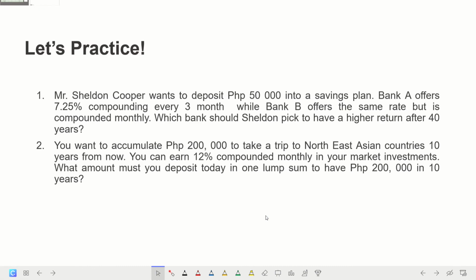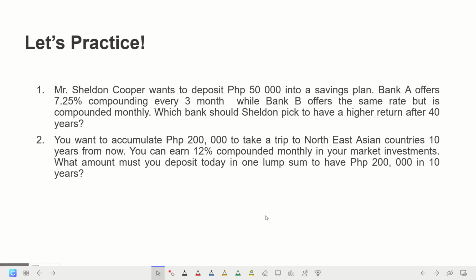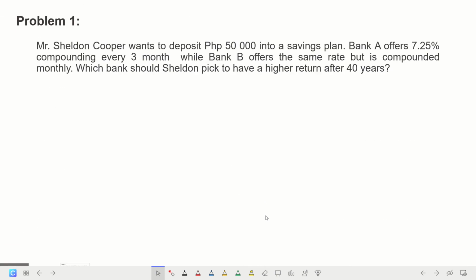So let us answer our practice problems. We have here problem number 1 and problem number 2. For number 1, Mr. Sheldon Cooper wants to deposit 50,000 pesos into a savings plan. He has two options, Bank A and Bank B. Bank A offers 7.25%.